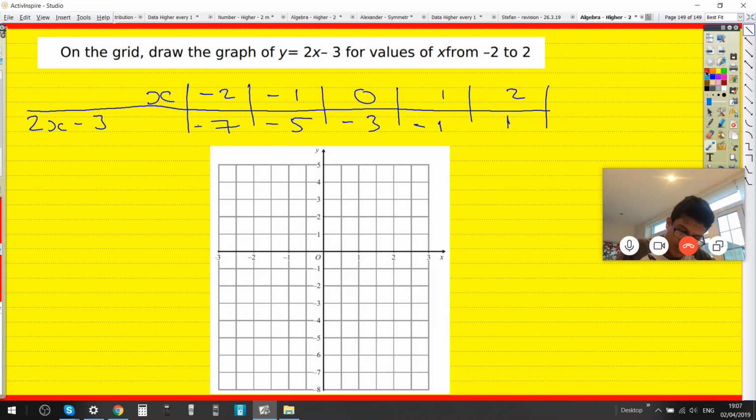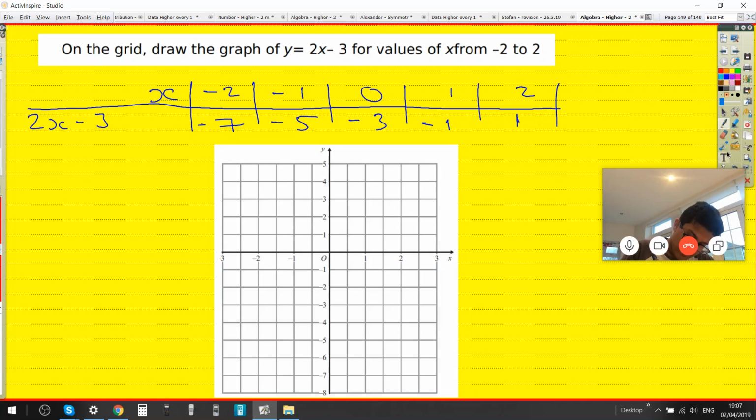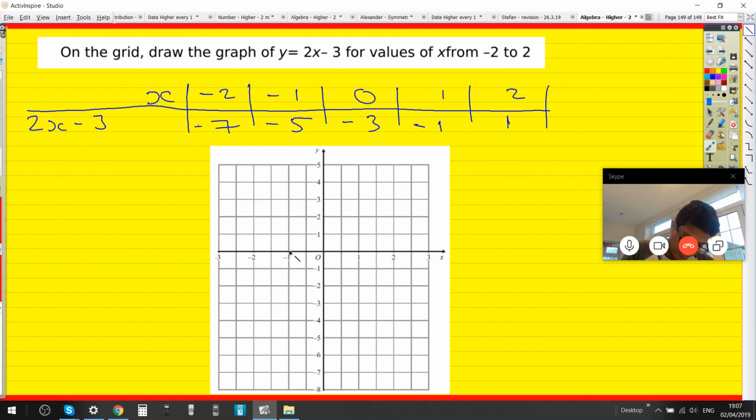And then how do we draw it? Let's try it now. So minus 2, minus 7.